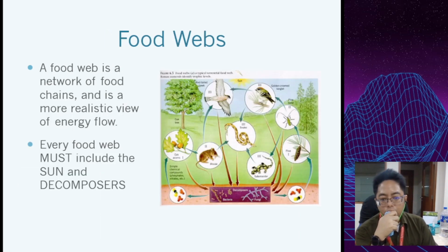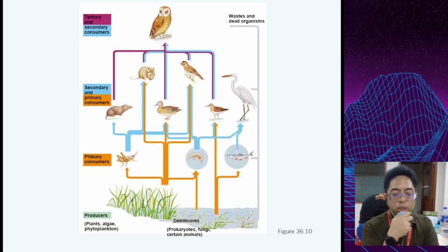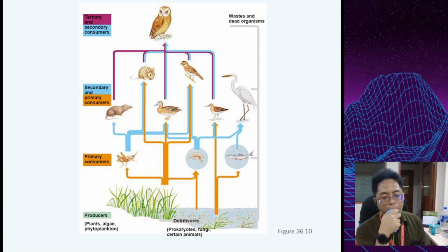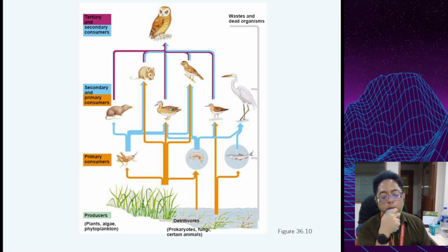Food webs. A food web is a network of food chains and a more realistic view of energy flow. Every food web must include the sun and decomposers. Here is an example of a food web. In each food web, for one source of food, there might be 2 or 3 animals or organisms that eat it.